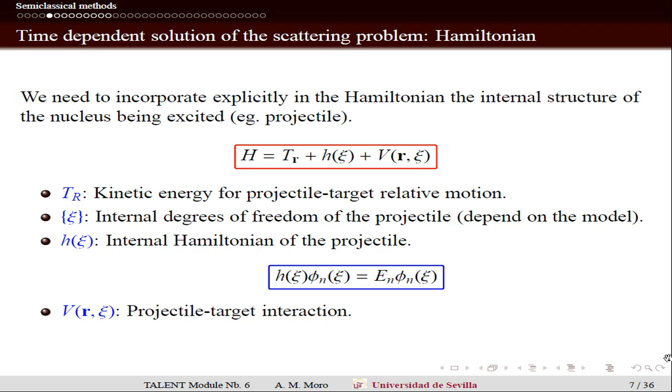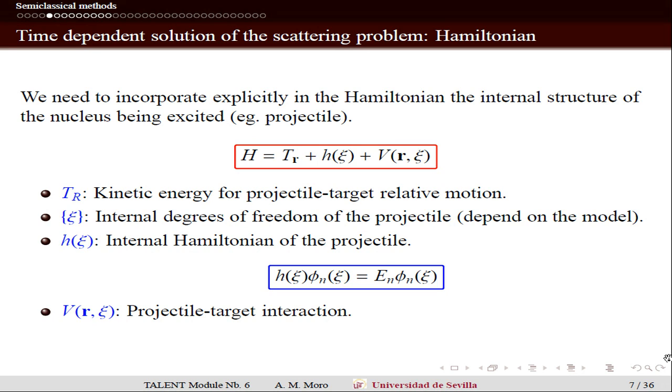So now our Hamiltonian contains three terms. Remember, we have the kinetic energy, the internal Hamiltonian of this projectile that we want to treat quantum mechanically. We cannot make classical approximations. This variable here corresponds, remember, to the degrees of freedom of this projectile, and some interaction potential between them that will depend, in general, on these internal degrees of freedom.